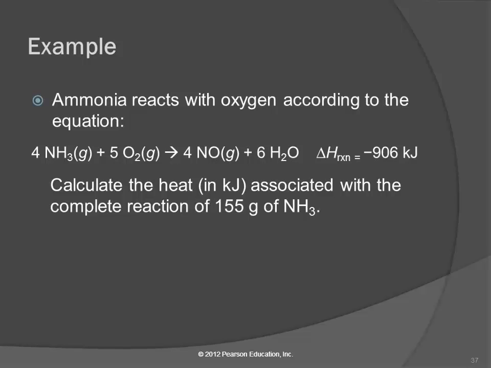We're going to take the number and the question and put them under the terms in the equation. So 155 grams of ammonia is what they gave us. And the question is, how much heat? So over here, this is the heat term, delta H. So this is question mark. And they specified that they want the units to be kilojoules.